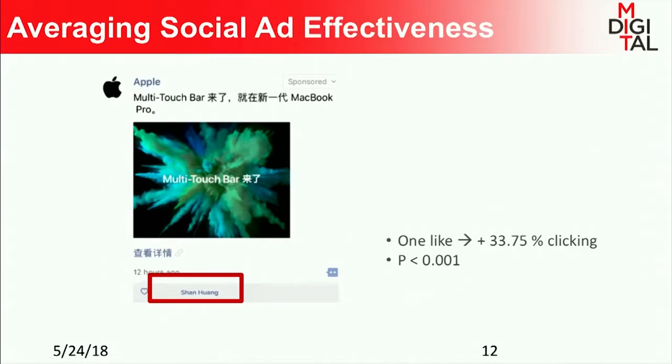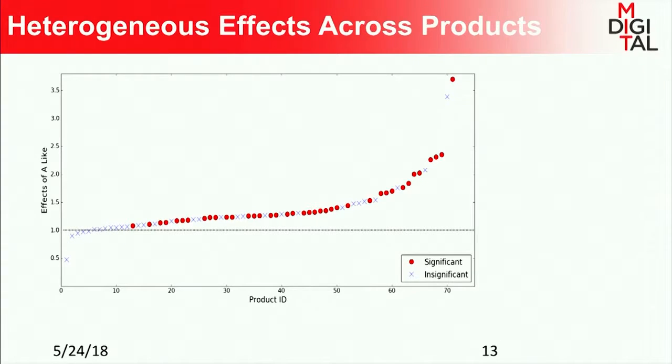We find that showing a social cue created by our first-degree friend will make us about 34% more likely to engage with these ads. This provides direct evidence showing that social ads are effective on average. However, this effectiveness is very heterogeneous across different products.